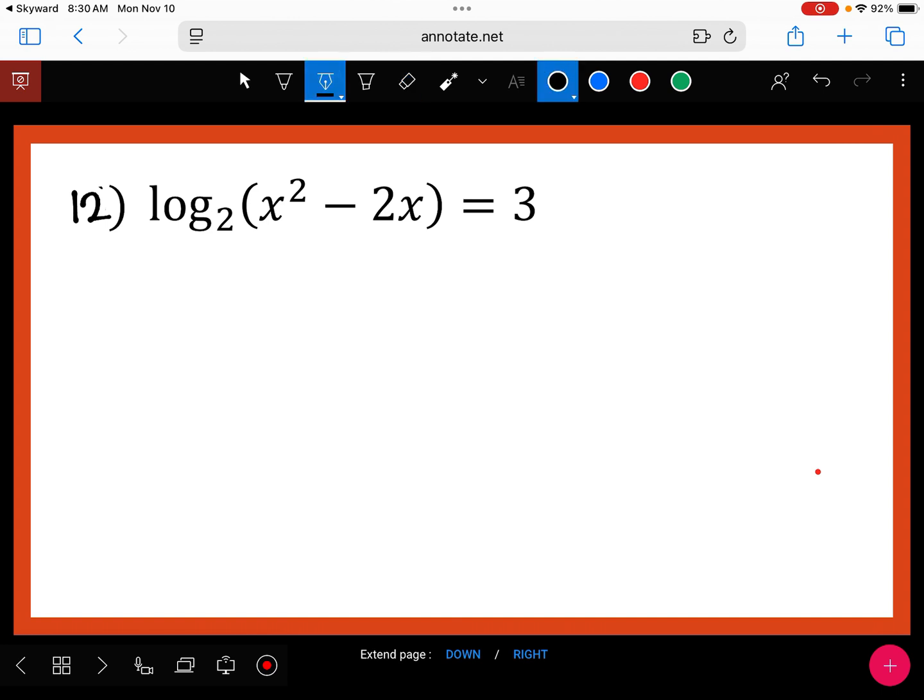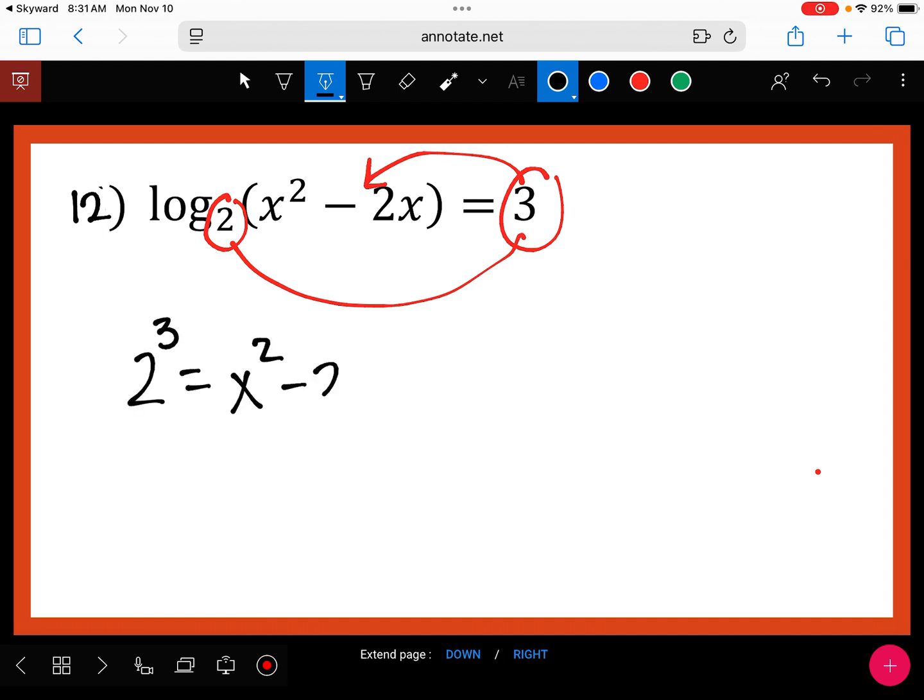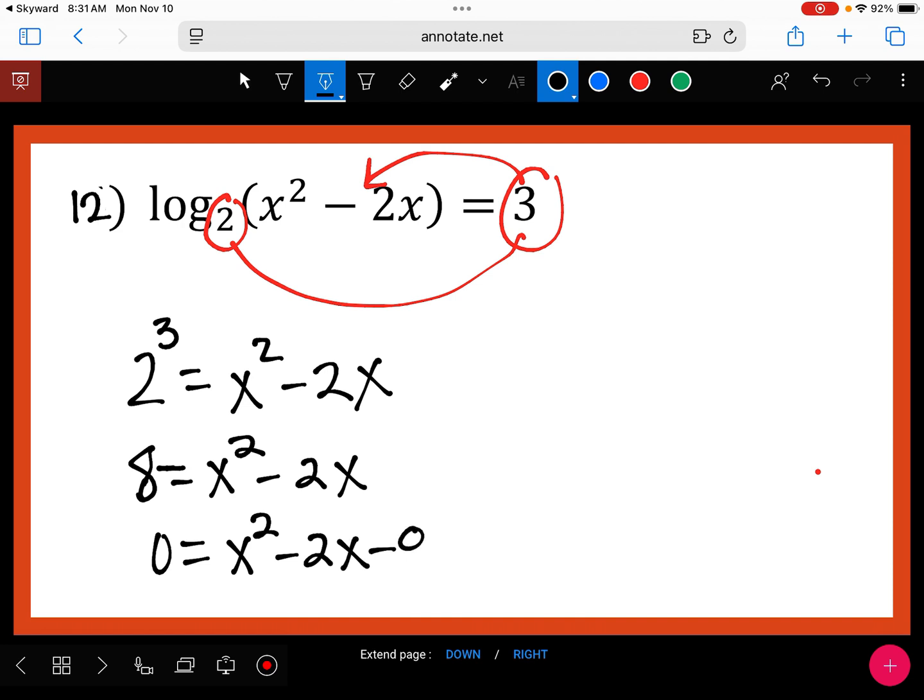So when I do a rewrite, this is my base, this is the exponent, that's the answer. So 2 to the power of 3 equals x squared minus 2x. 8 equals x squared minus 2x. And then you have 0 equals x squared minus 2x minus 8.